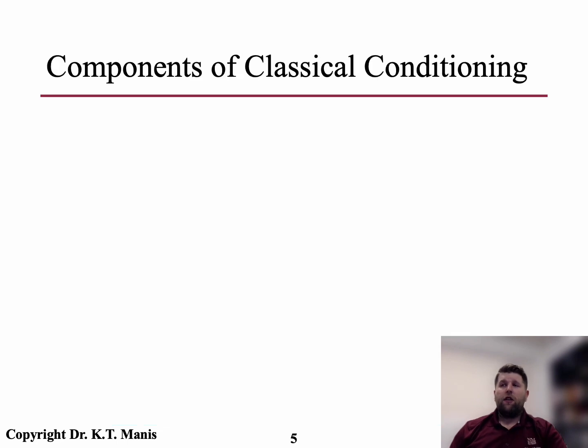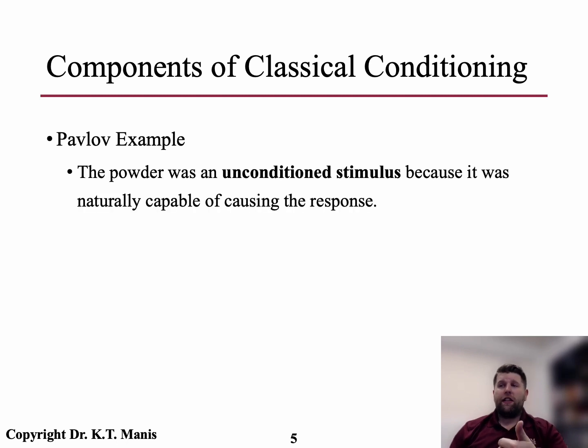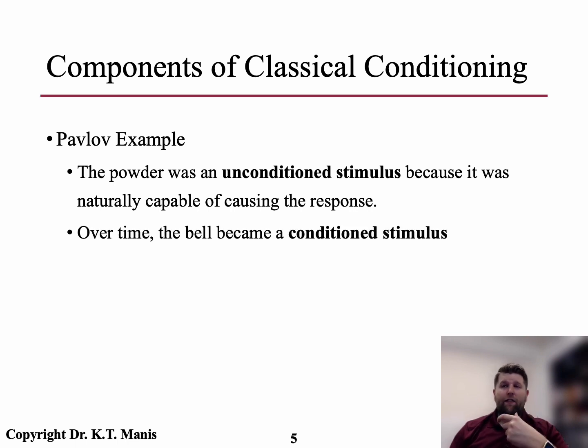So there are different ways in which this can come about, and we're going to talk about both in detail. Classical conditioning has several components. In the Pavlov example, it has an unconditioned stimulus. This was the meat powder or the food, because it was naturally capable of causing the salivation. Over time, the bell became a conditioned stimulus because the dog was conditioned to salivate with the ringing of the bell.